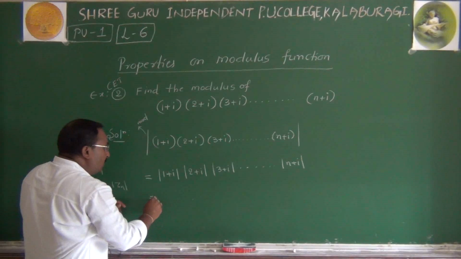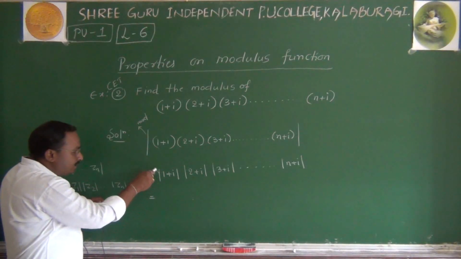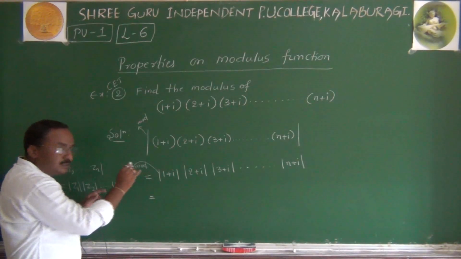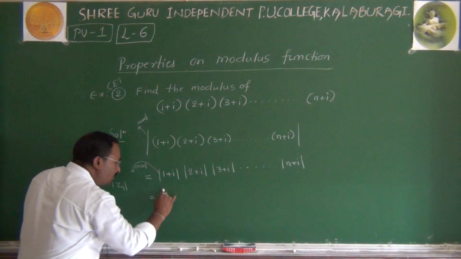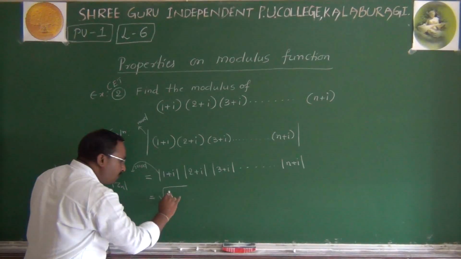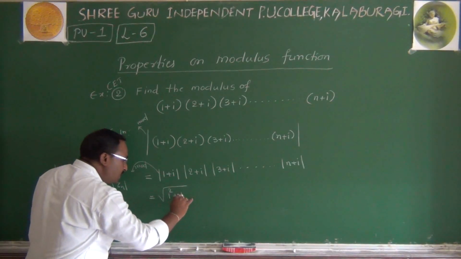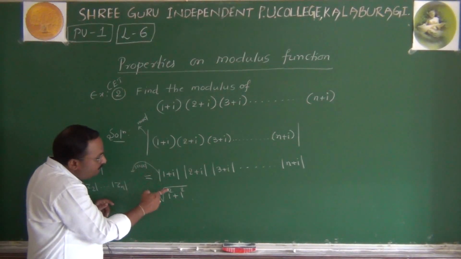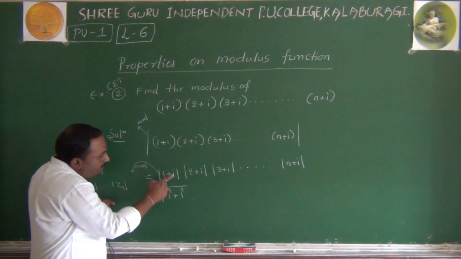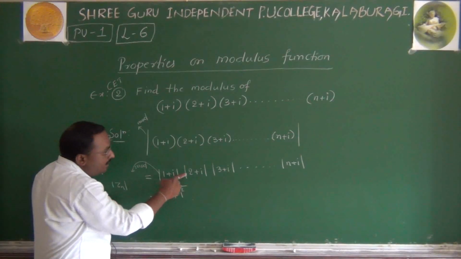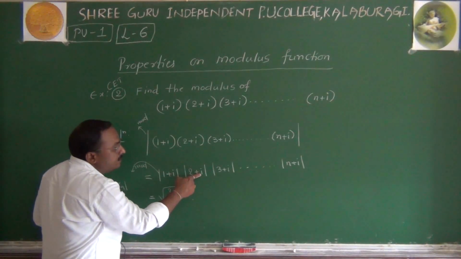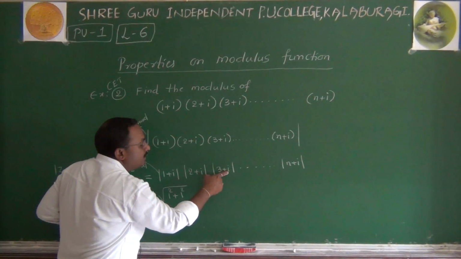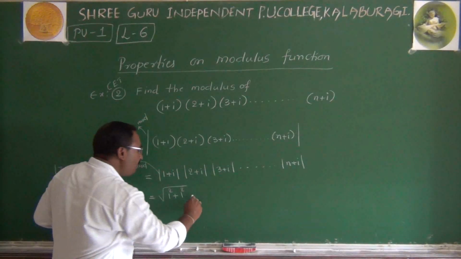Apply the definition of modulus: square root of real part square plus imaginary part square. For 1 plus i, the real part is 1 and the imaginary part is 1.